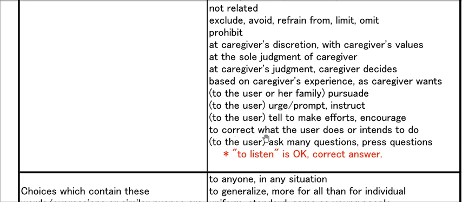To correct what the user does or intends to do. To the user, ask many questions, press questions. These are not good, right? But here, to listen is okay or very good, correct answer. In this case, to listen is okay. To ask many questions, press questions are not good, right?